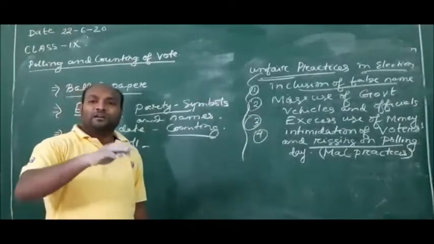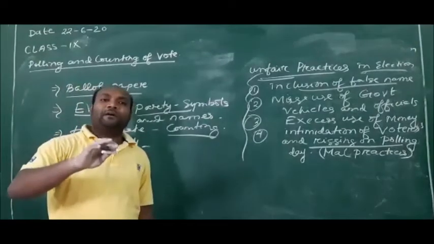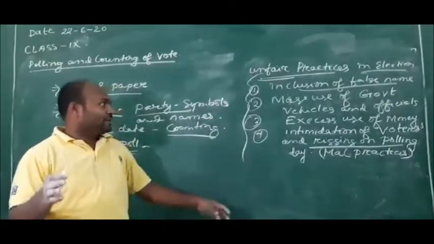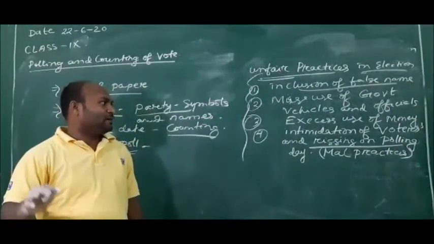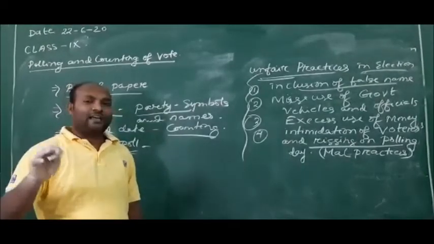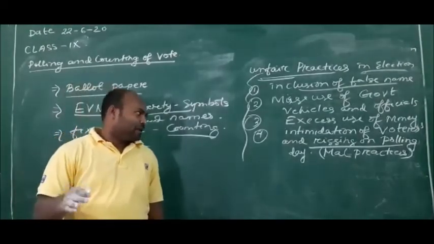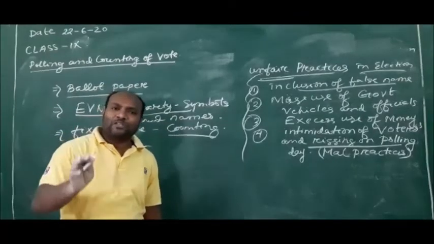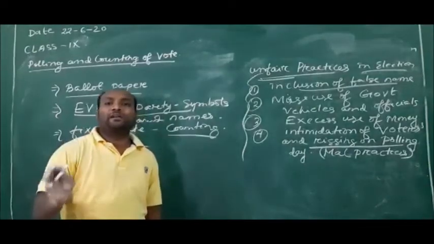We should not follow improper ways to win, because using false names, government officers, government vehicles, laying foundations, excess money and rigging are all illegal activities not suiting a democratic society.